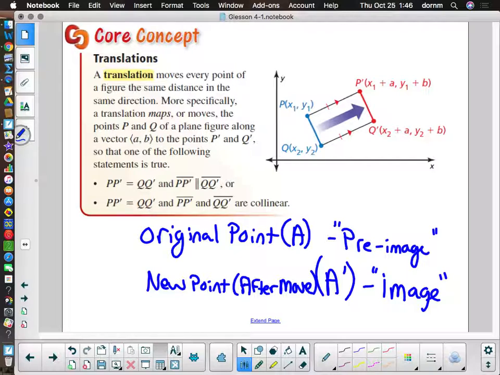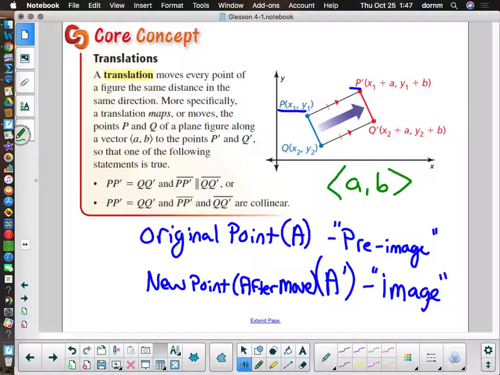So here I have point P at some coordinate (x1, y1), and the image of P, P primed, is at (x1 + a, y1 + b), whatever a and b are, because we're moving by a vector of <a, b> in this case.